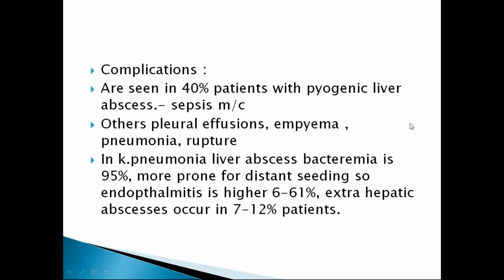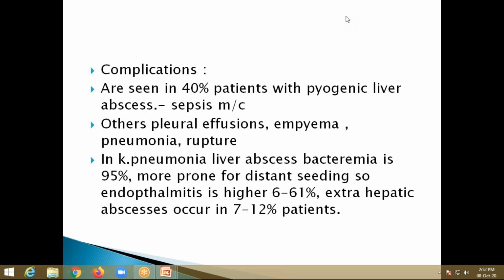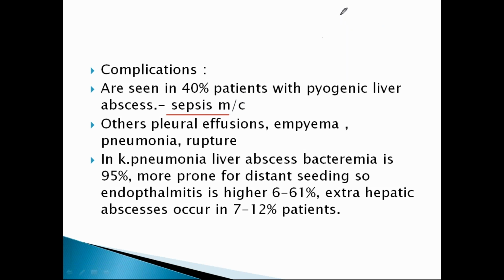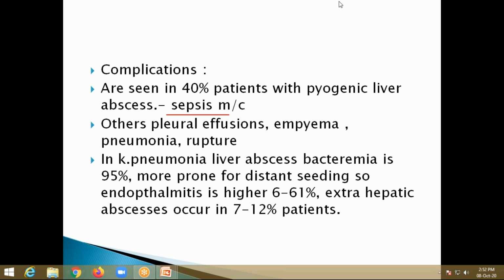Okay. So complications are seen in 40%. Sepsis is the most common complication. The general condition of patients with pyogenic liver abscess is usually very bad. That is probably the reason why sepsis is very common.